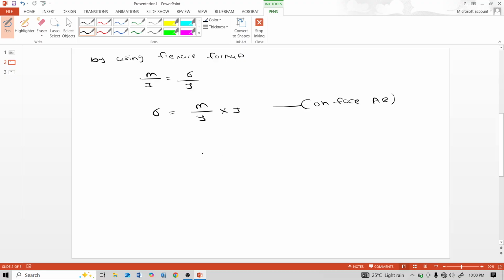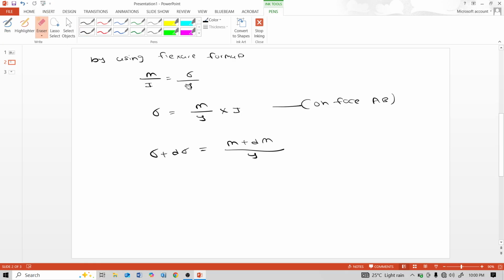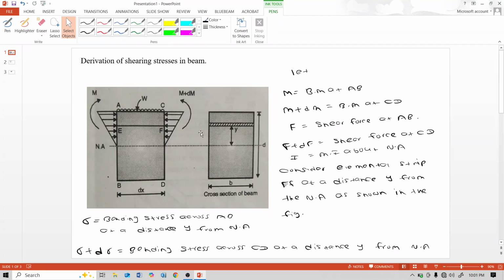For face CD, sigma plus del sigma is equal to (M plus del M) into y upon I.